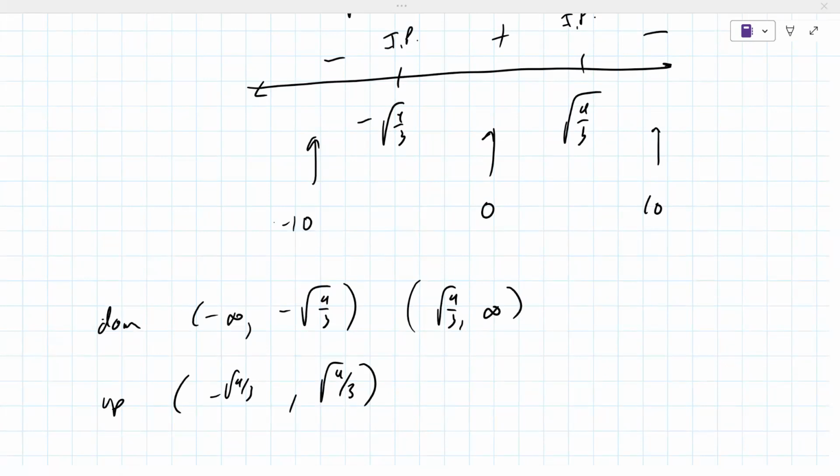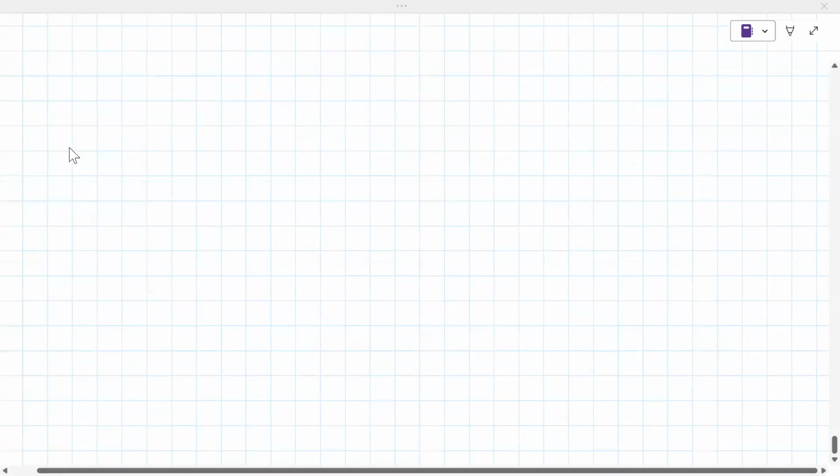Now, in terms of the increasing, decreasing, the reason I was asking you to use a calculator is because normally the derivative is such that you can find them, but not in this case. Let me snip in the graph so you can see what it looks like. Right.